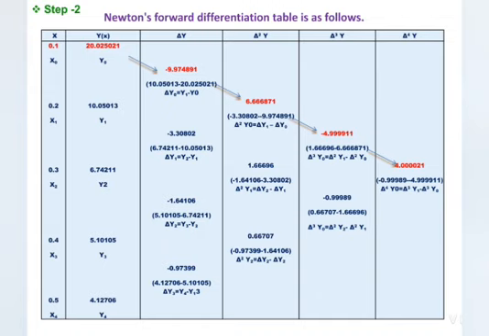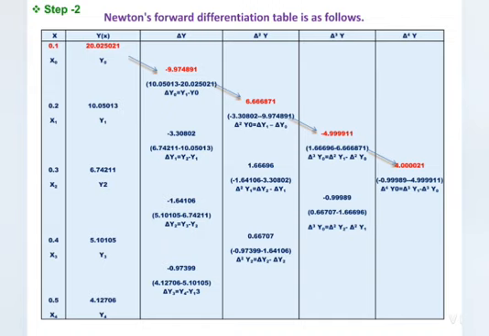And see the table here, the forward difference table. I have mentioned the values here. x naught is 0.1, x1 is 0.2, x2 is 0.3, and so on, with y naught, y1, y2, y3, y4.